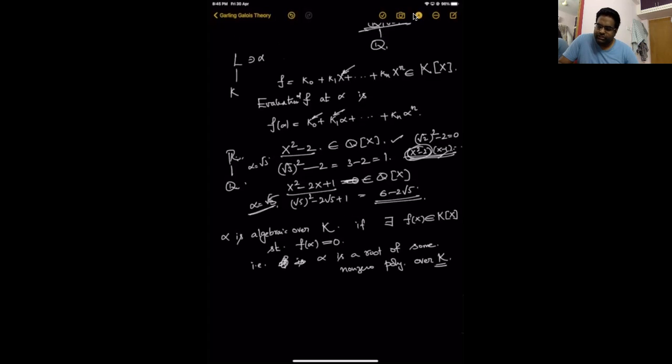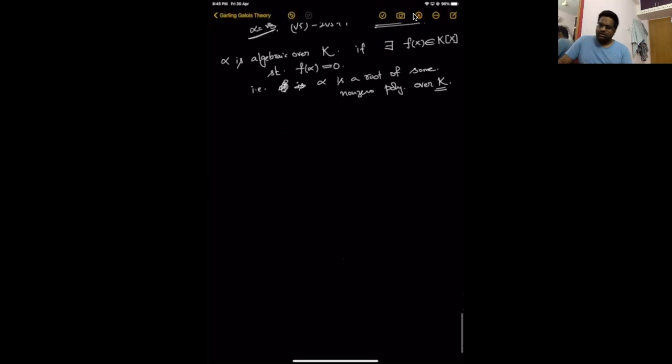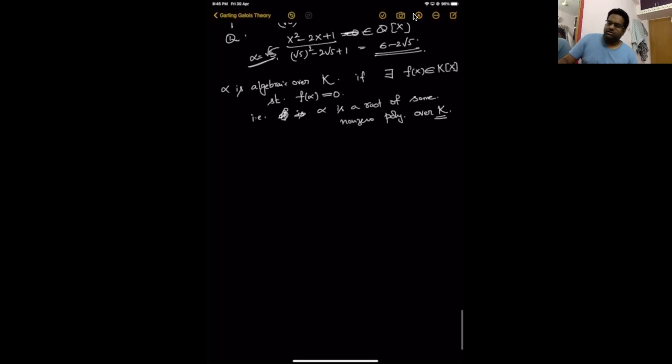So if the coefficients belong to a field, you say that the polynomial is defined over that field. In this particular case, we say that this polynomial f of x is defined over K. So if alpha is a root of some non-zero polynomial, you say that alpha is algebraic over K. If alpha is not algebraic over K, then alpha is said to be transcendental over K.